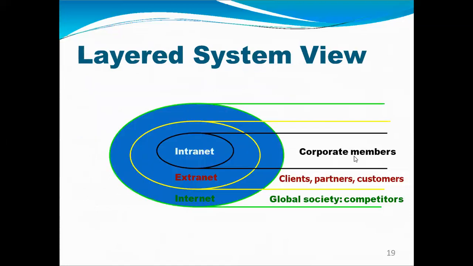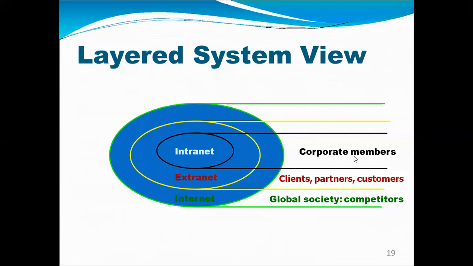So this is a very interesting picture where we can see the whole circle is what we call the internet, which is the network of all the networks. Then comes the extranet, a smaller circle, which is only used by the clients, partners and customers.